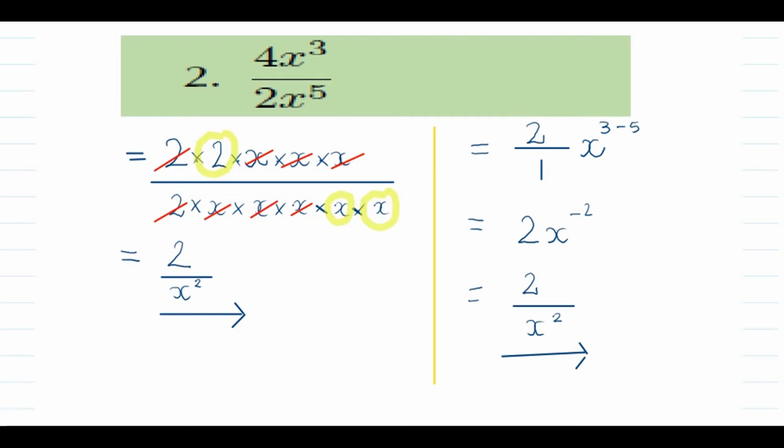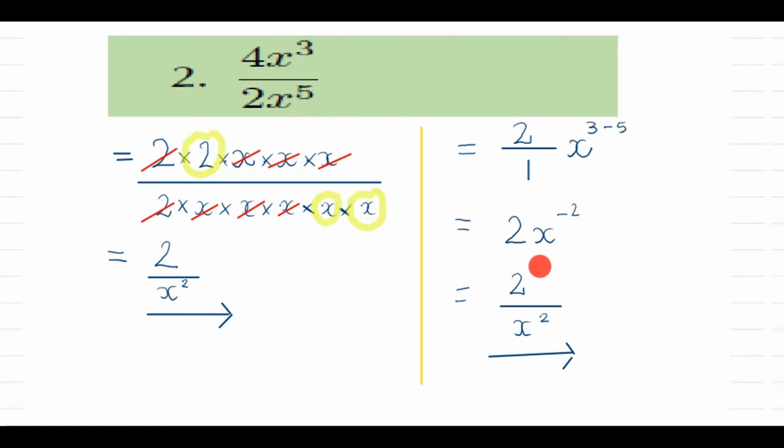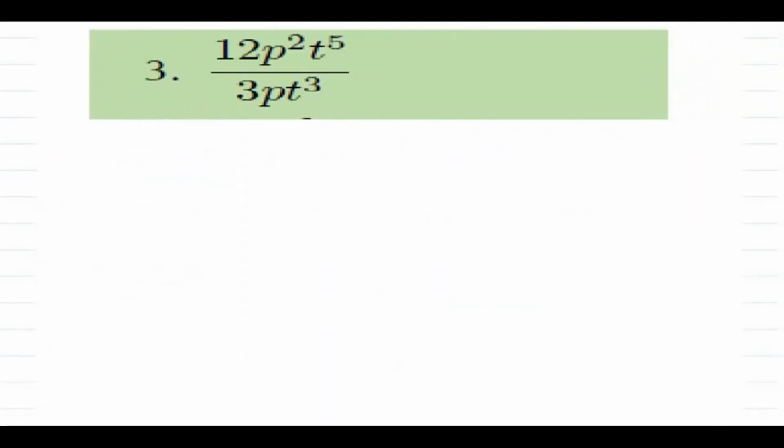With the bases, you're applying the quotient rule for exponential equations, which states that when dividing powers, you subtract your exponents, which is what you did here. So it's 3 minus 5, which is minus 2, and we got our answer to be 2 over x to the power of 2.